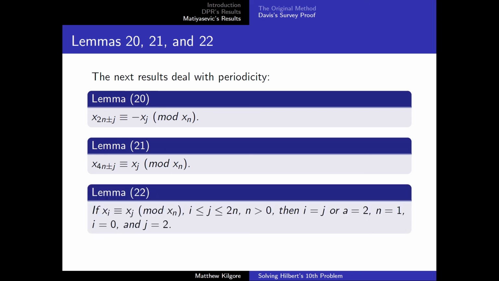And lemma 22 states that if x_i is equivalent to x_j mod x_n, and i is less than or equal to j, less than or equal to 2n, and n is greater than 0, then i equals j, or we have one exception case. Lemma 22 is really not obvious, and it has a long proof, so we'll go over it.